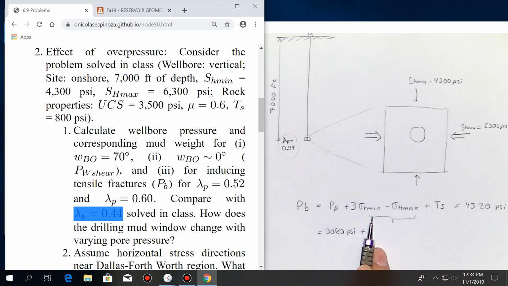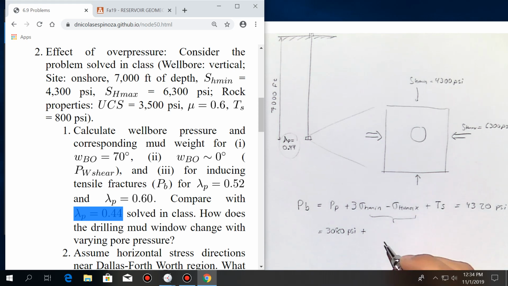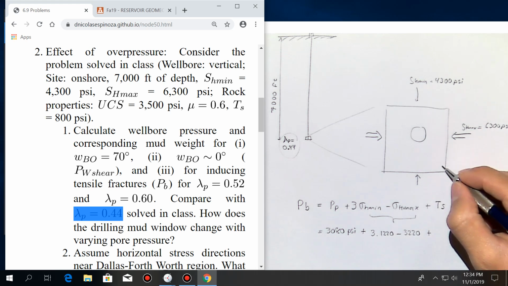Okay. And can you make this number, 3 sigma h min minus sigma h max? Yeah, I can do that real quick. I'm going to write it in the meantime. What was sigma h min? 1220. Okay, and sigma h max would be 3220, and the tensile strength of the rock is 800 psi. So, I forgot to write this somewhere over here.